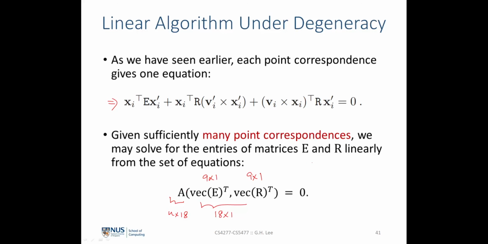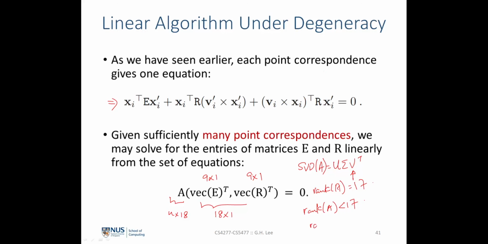So in this case, the solution would correspond to the SVD of A. Let's denote this as U, sigma, and V transpose, and the solution would correspond to the last row of this V matrix that corresponds to the least singular value in the case where the rank of A equals 17. But in the case where the rank of A falls below 17, this means that we would be under one of the degenerate cases, as we have seen earlier on, where the rank could be 16 or lesser.